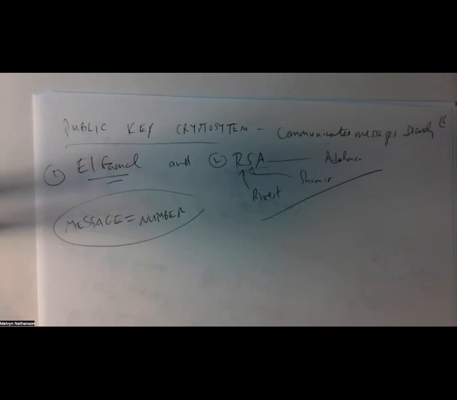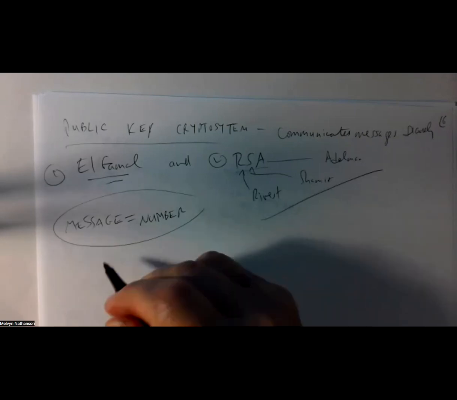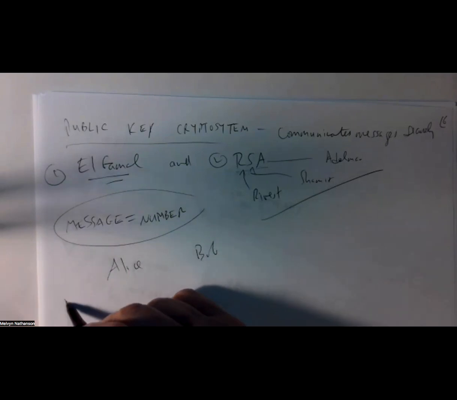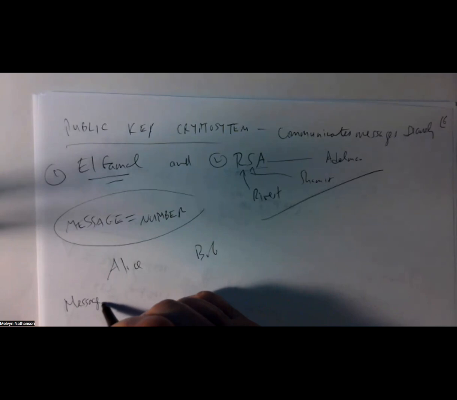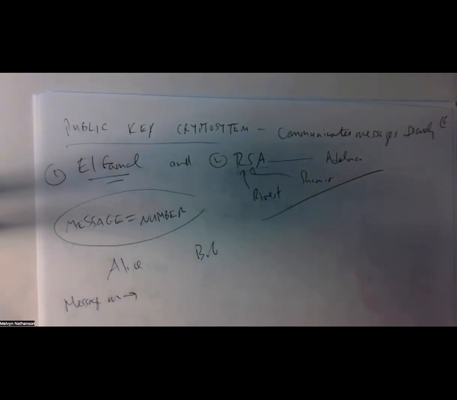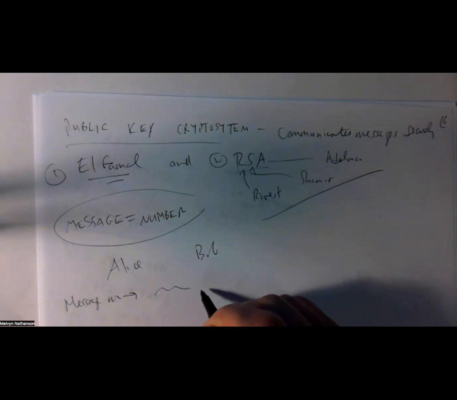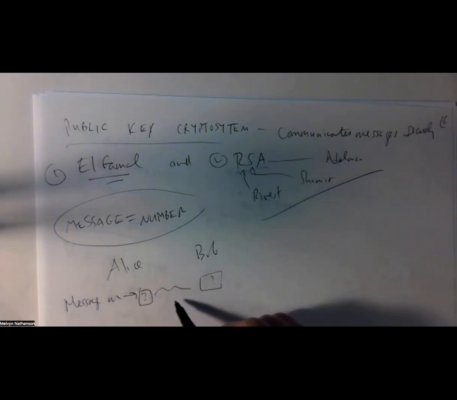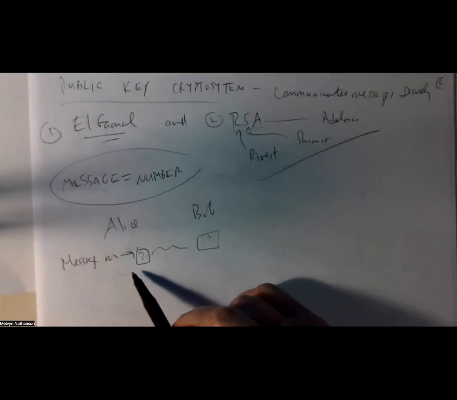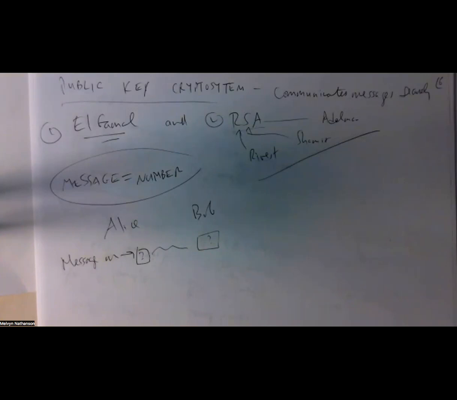So how can Alice, so here's Alice, here's Bob, here's some message, M, that Alice wants to encrypt. She does something, and she sends whatever that something is to Bob, and of course, Eve intercepts it and knows what Alice is sending, but it's encrypted, right?